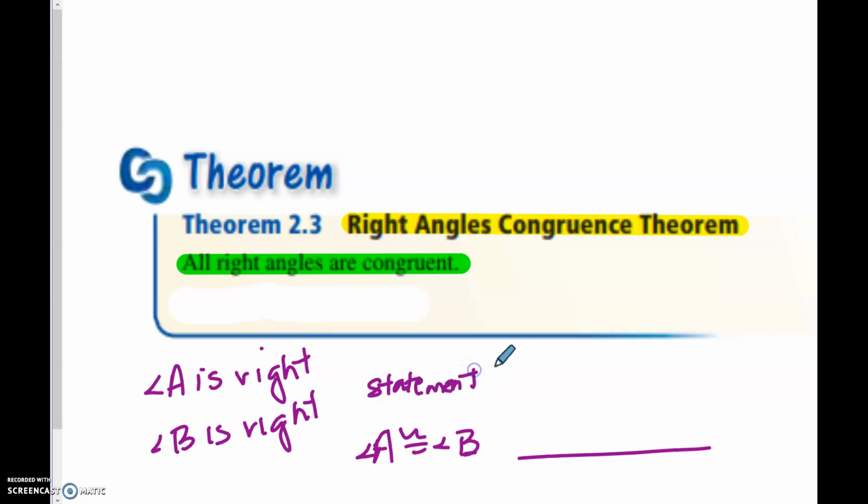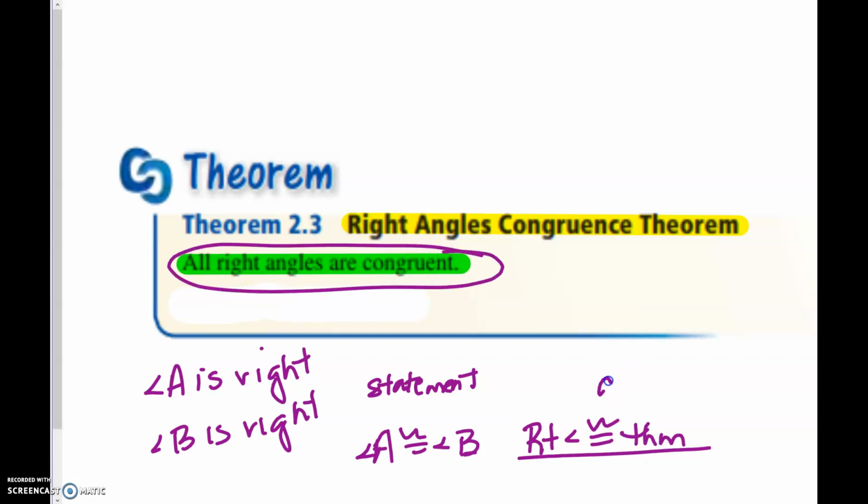You can either say right angle congruence theorem, or what I have a tendency to say is just this: all right angles congruent. I don't care which reasoning you use.